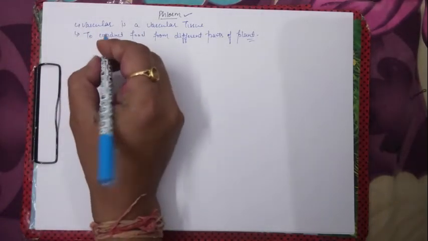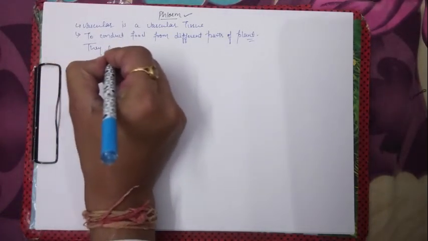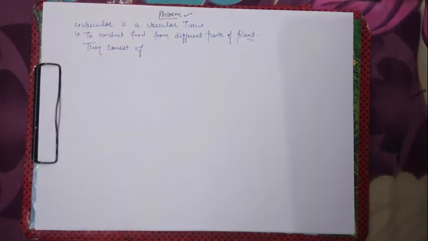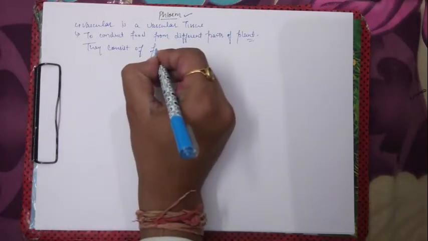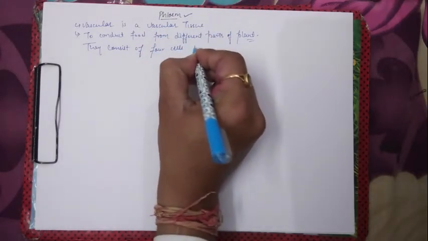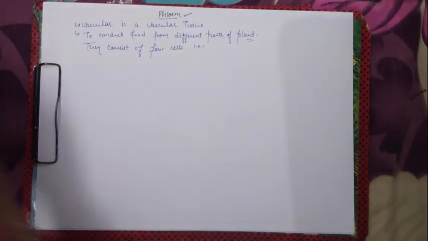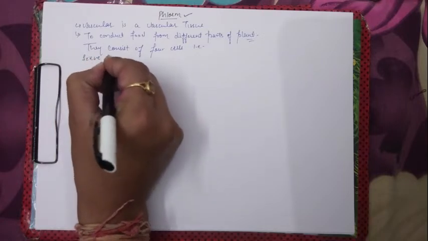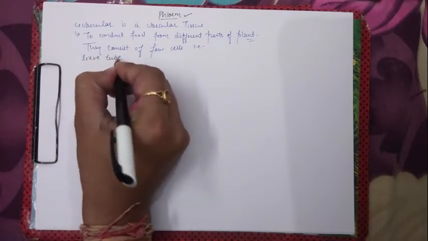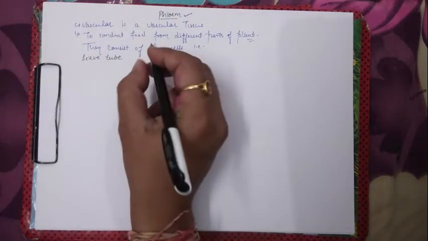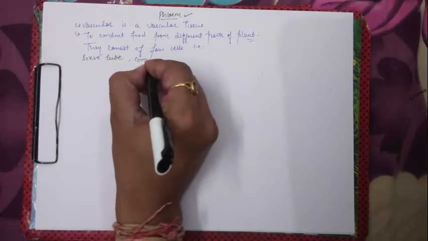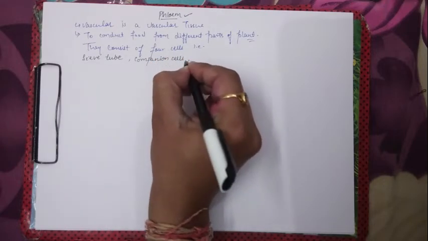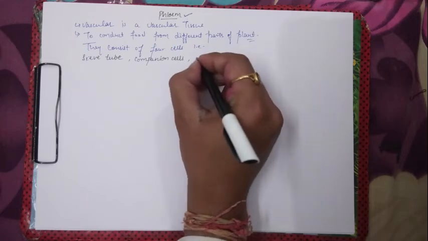They also consist of four cells, and these four cells are sieve tubes, companion cells, phloem parenchyma, and phloem fibers.